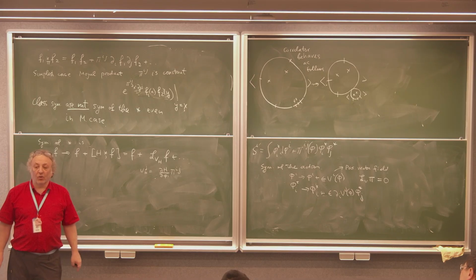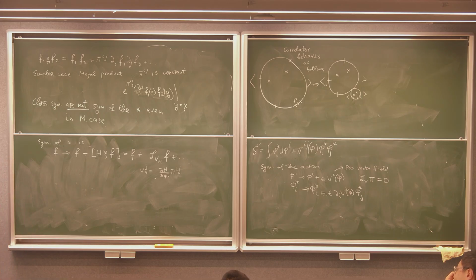And when the quantum symmetry of the system is not the classical symmetry of the system, people say that we are dealing with an anomaly. The explanation of this anomaly is the following.